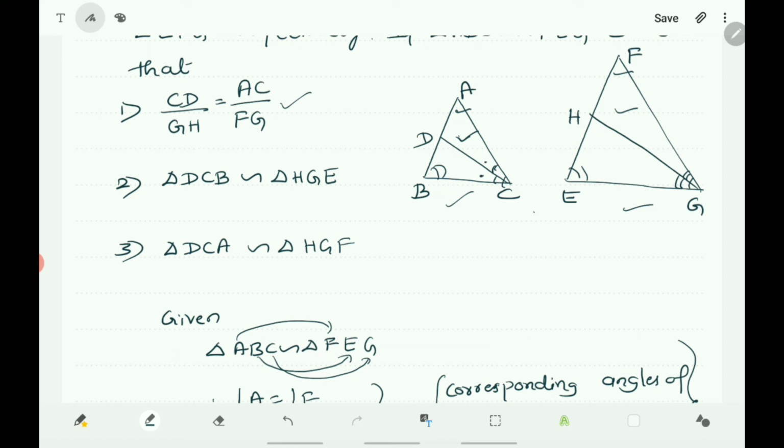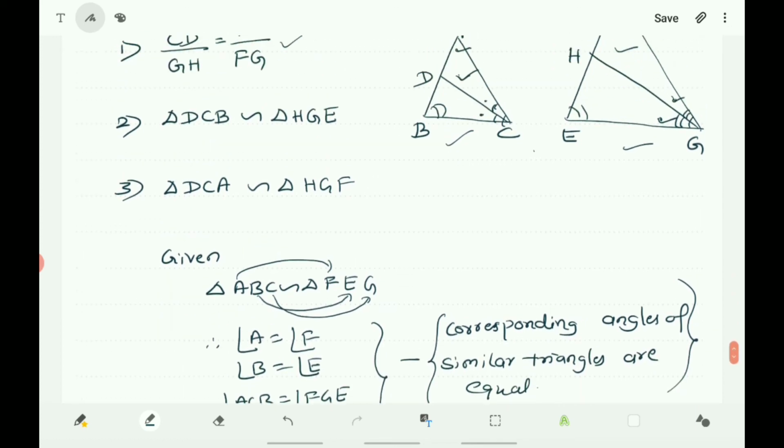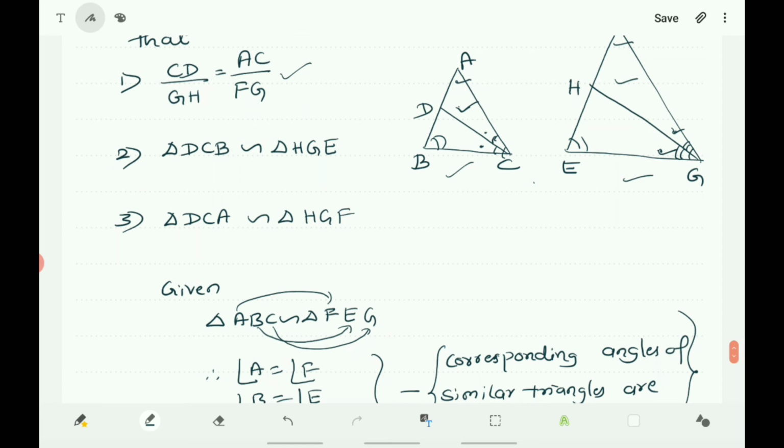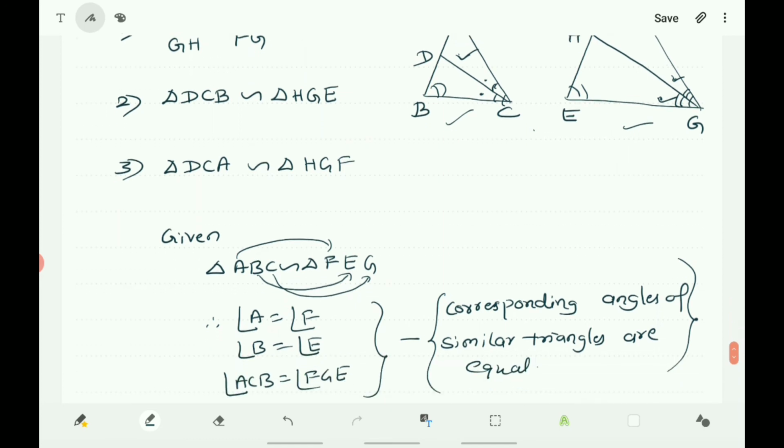Therefore, the four angles made by the bisectors must be equal. So ACD must be equals to FGH, and also ACD must be equals to DCB, and also HGE, and also HGF. The four angles are equal. You know that halves of equals are equals, and you can write that one, or otherwise while taking the triangles also you can take.